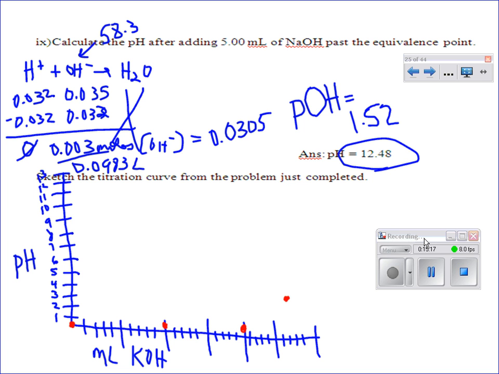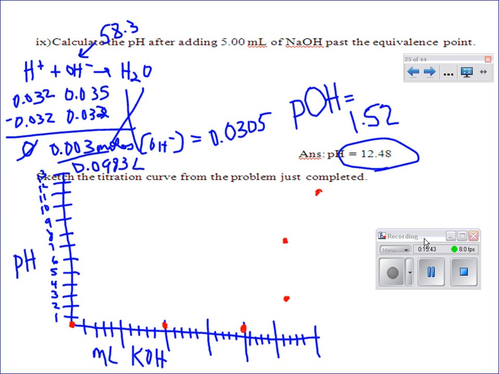And then we got to the equivalence point where we only went 0.3 mL past that, which in terms of how it looks is pretty much the same spot, and we jumped up to what? 7. So we barely added any more, and we were up to 7. And then 5 mL beyond that, we got up to a pH of about 12.